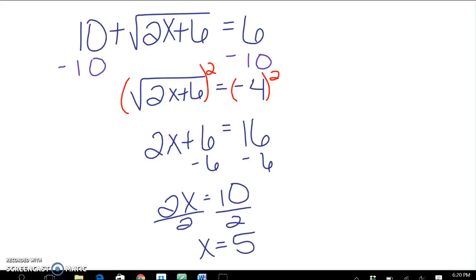All right. Here's why number 4 is so important, because if we take that 5 and we plug it back in, we are going to get, and the radical, let's just do the radical mentally. So 2 times 5 is 10. 10 plus 6 is 16.